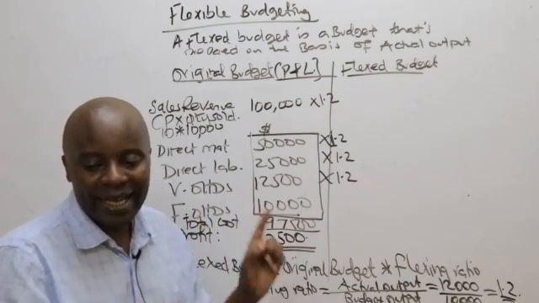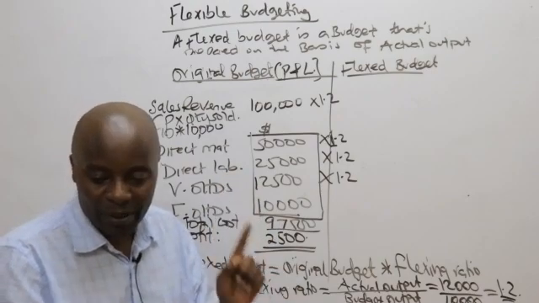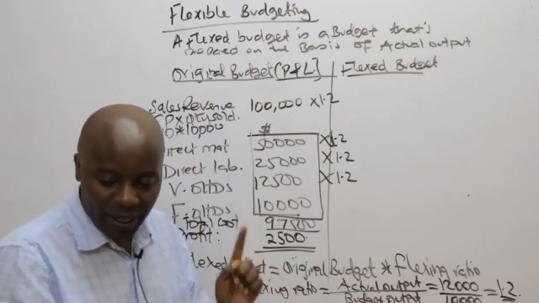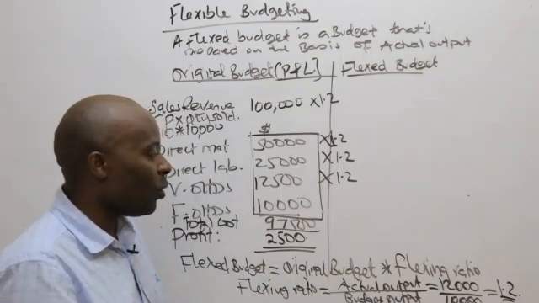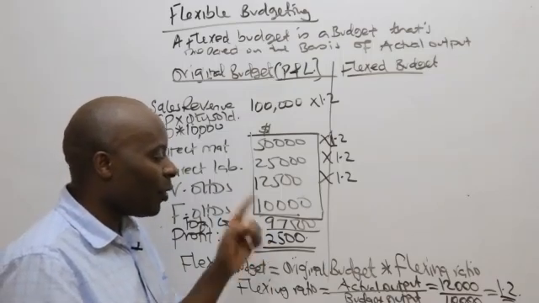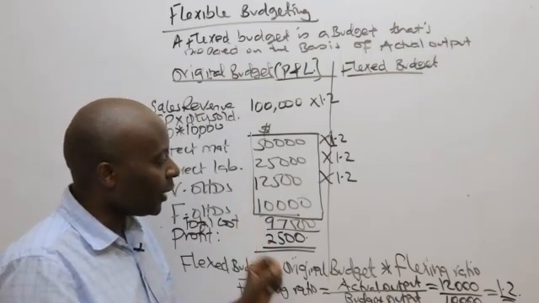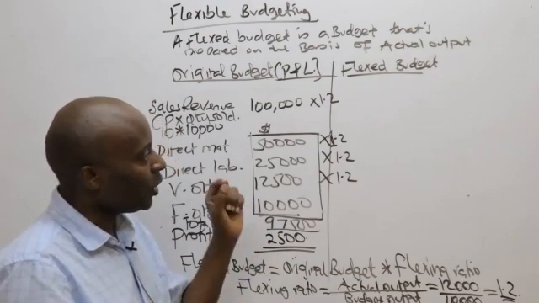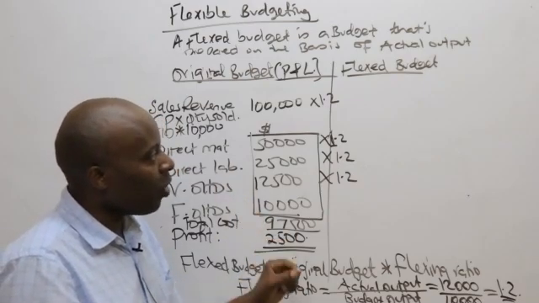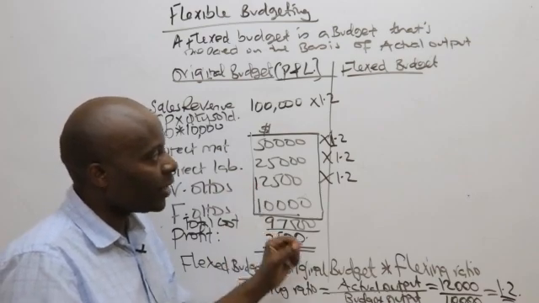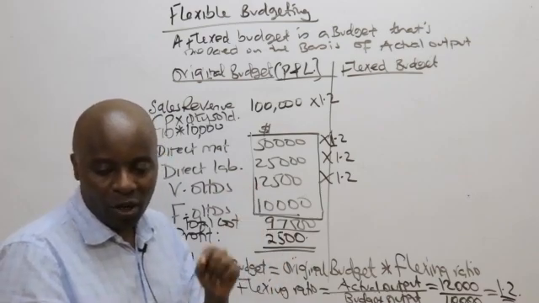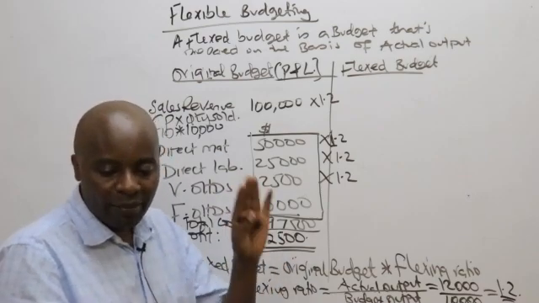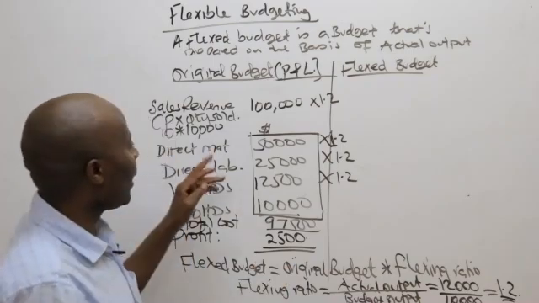Fixed expenses are not flexible. If I were you, I would have written these somewhere in my mother tongue, that we don't flex fixed overheads. We only flex variable items, like sales.